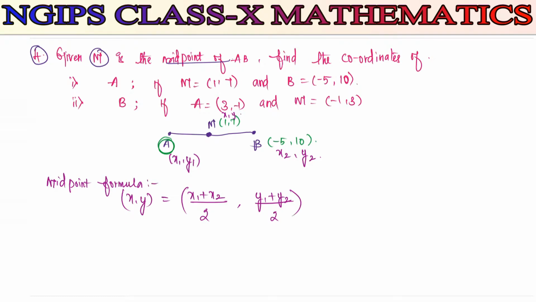Okay, now here x value we know very well. The x value we have here is 1, y value is 7, equal to x1 plus x2 value we have here is -5 divided by 2, y1 plus y2 value we have 10 divided by 2.